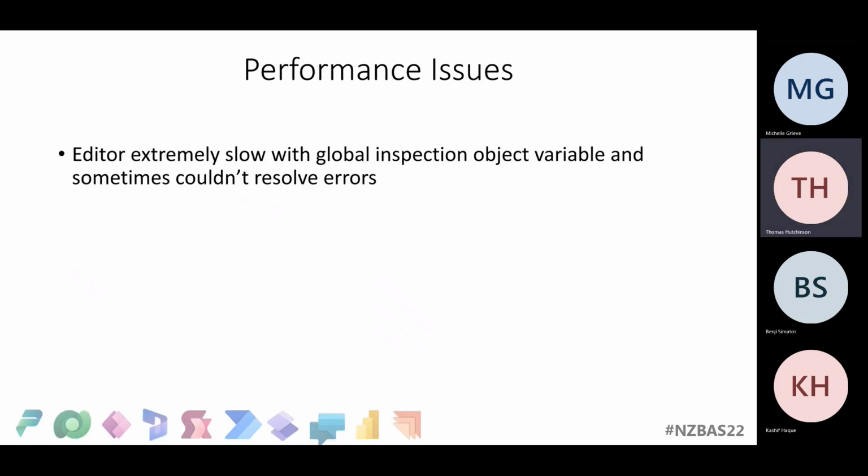So yeah, performance issues. It's pretty slow to edit as it is, but it was a lot worse. I just had one global inspection object that I was referencing in all the screens, and I found it just couldn't resolve some of the errors. If you had a conflict in your data schema, it just couldn't resolve them.